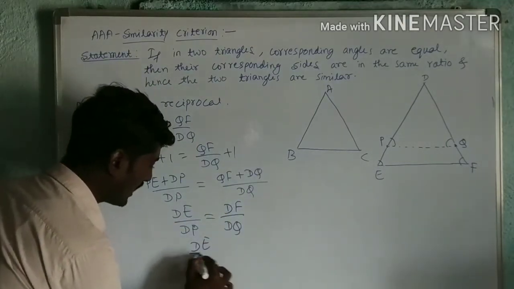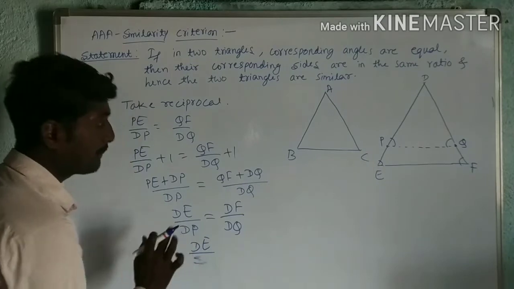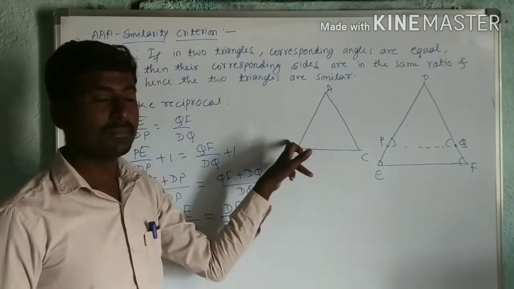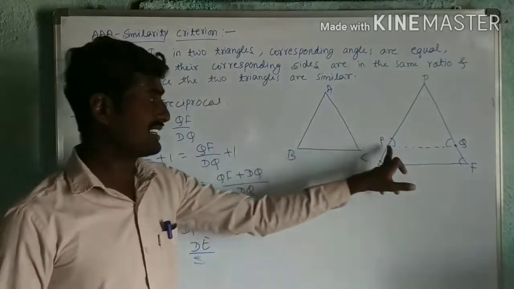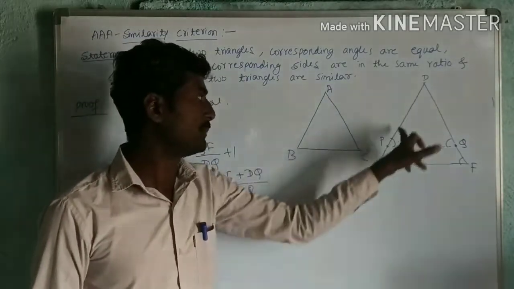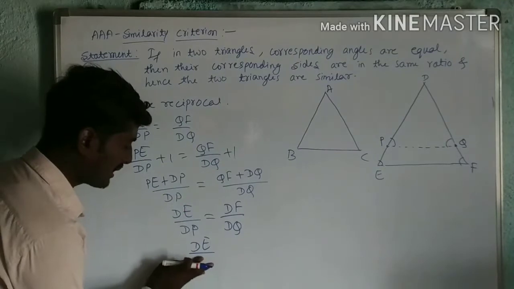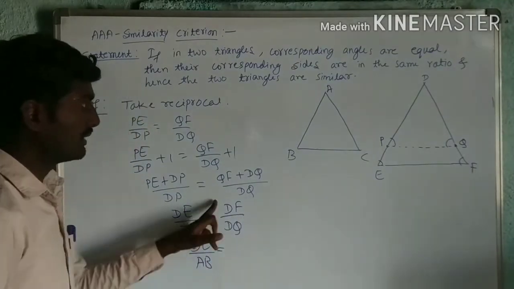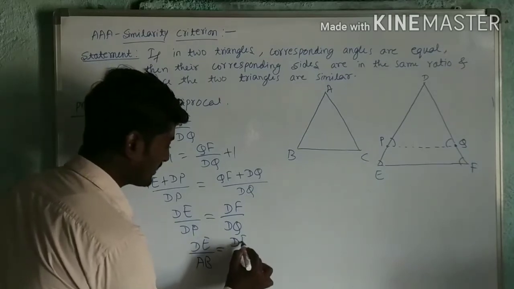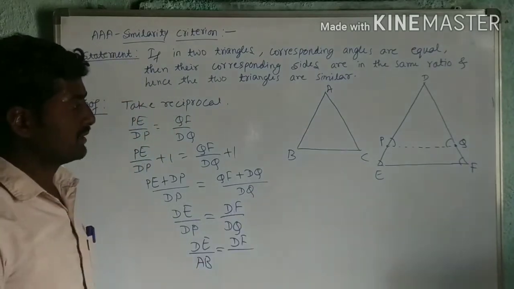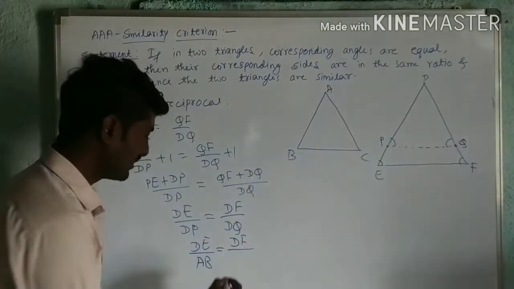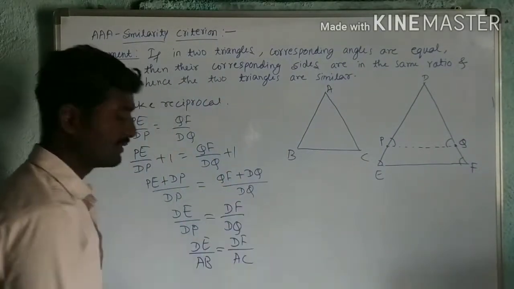In place of DP, can I write AB? Because we constructed PQ in that way, DP is equal to AB. DF stays as it is, and DQ is nothing but AC.